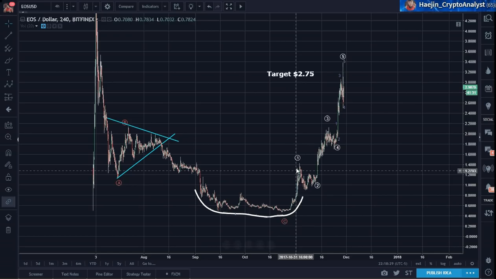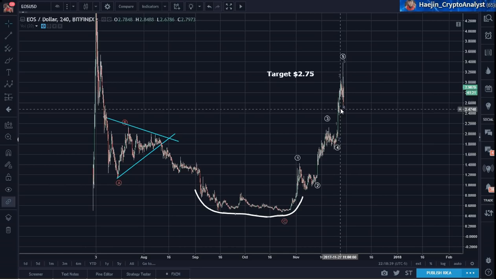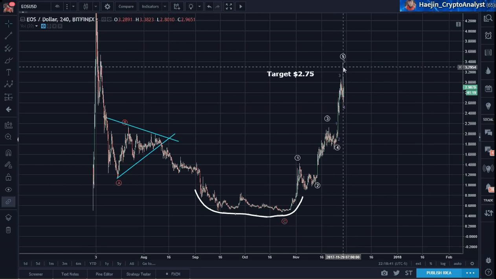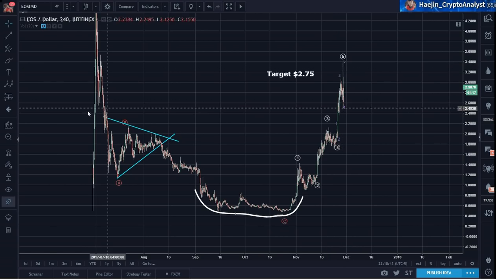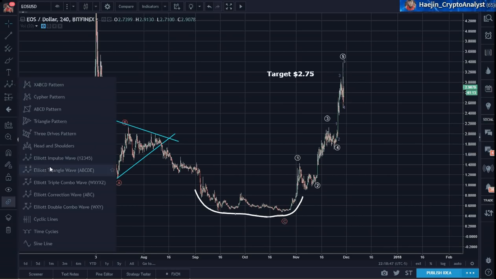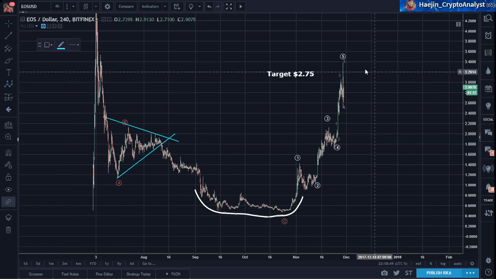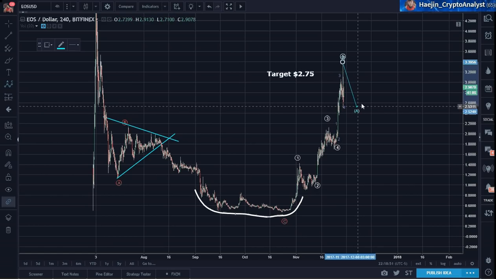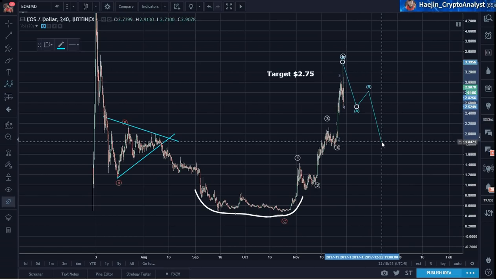Because what happens, even if you didn't know where the end of 5 is, once you knew 1, 2, 3, and 4, and the price rises above the wave 3, it's time to start taking profits, if you want. Because after 5 waves, Elliott wave states that there will be a 3-wave retracement.